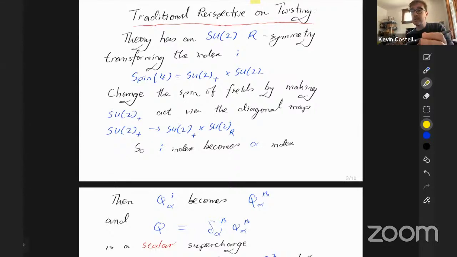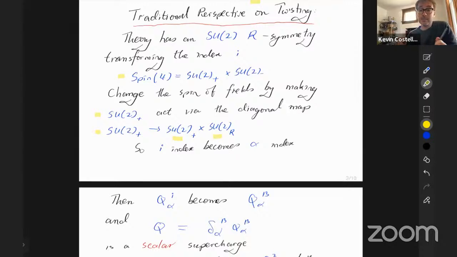So the twisting procedure says that we're going to change the spin of our fields by using the SU(2) R-symmetry. Recall that Spin(4) is a product of two copies of SU(2). I'm going to change the spin of the fields by, instead of making SU(2) plus act in the normal way, making it act via the diagonal map between the original SU(2) plus and the R-symmetry.